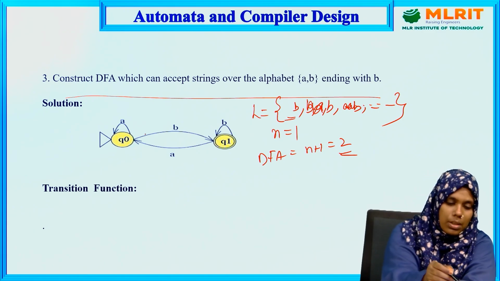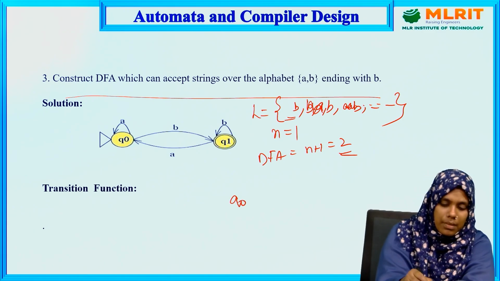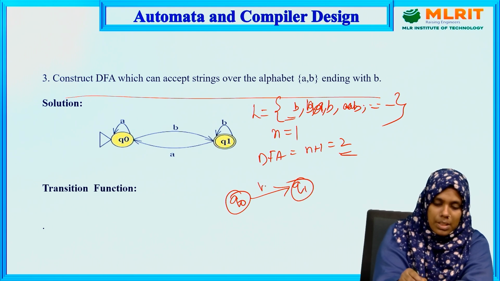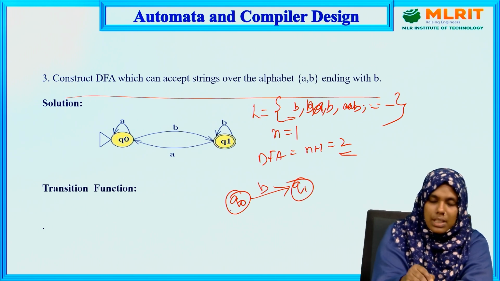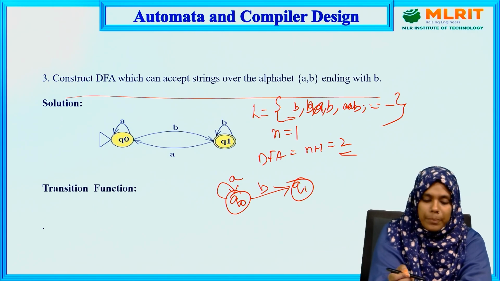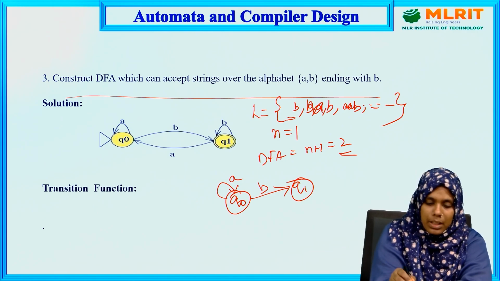So Q0 of B has already gone to Q1. So the first condition is B. Now coming to this state, the B transition is already there. Can we give an A transition? Yes, because your DFA can also start with A. Last, it should end with B. Can we give B from Q1?